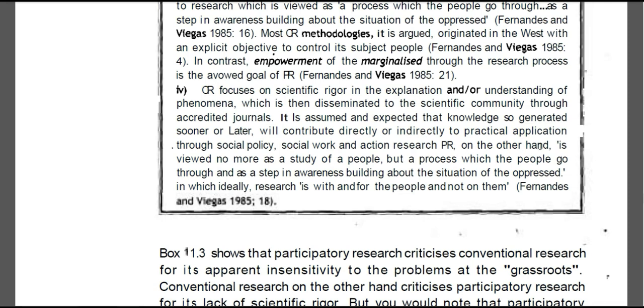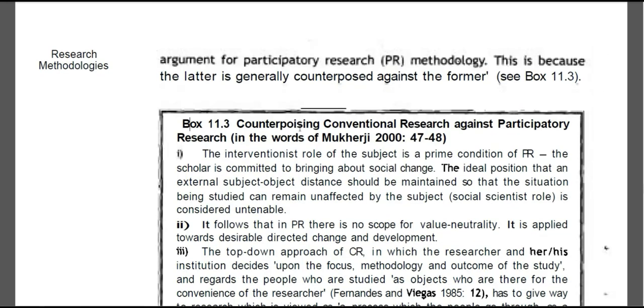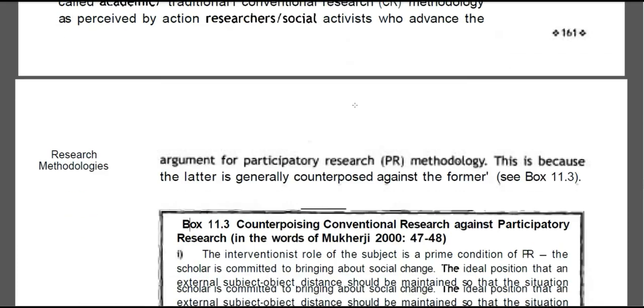PR, on the other hand, is viewed not so much as a study of people, but as a process which the people go through, as a step in awareness building about the situation of the oppressed, in which ideally research is with and for the people and not on them. So, PR means participatory research, okay, and CR means conventional research.